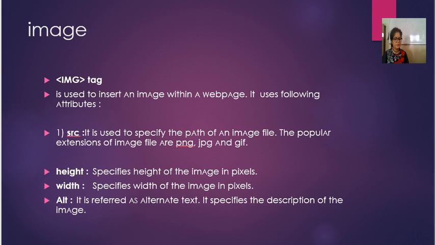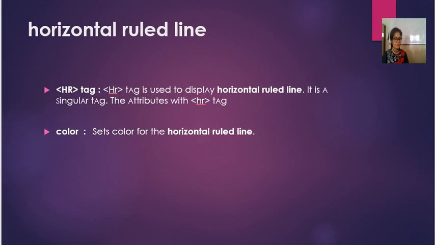Now let's move to the next. The next tag is the horizontal ruled line. Now what is a horizontal ruled line? The horizontal rule tag is used to apply a horizontal rule on your web page.